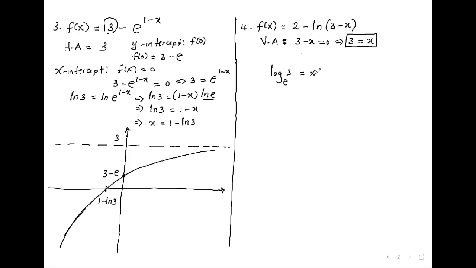If you change to exponential, it will be 3 is equal to 2.7 to the power x, for example. This power is very small for you to get to 3.